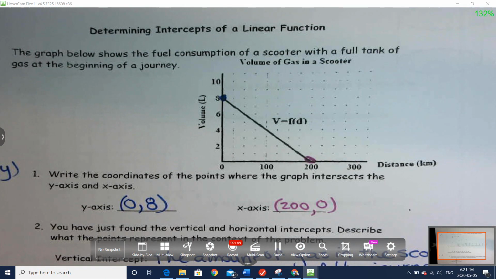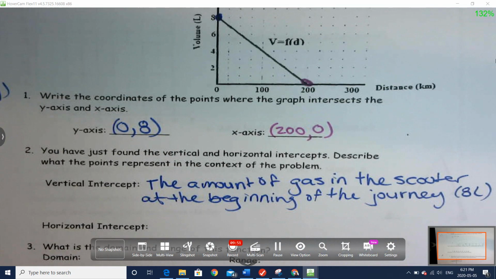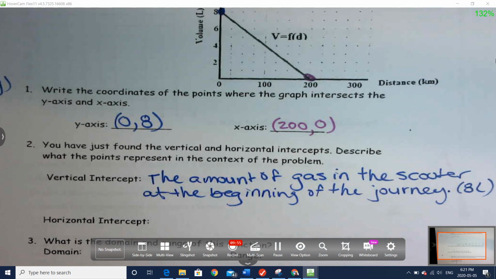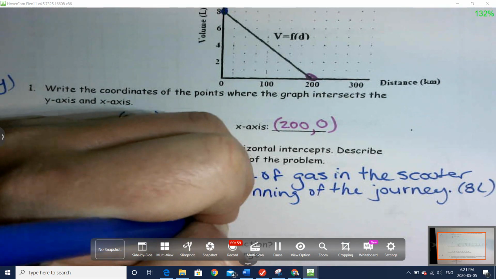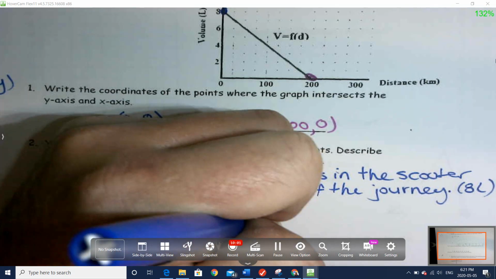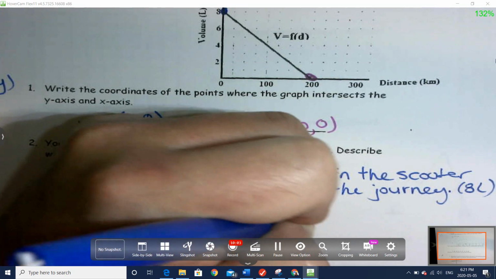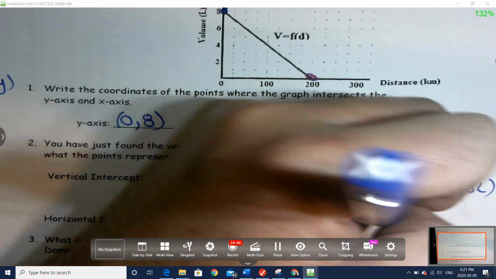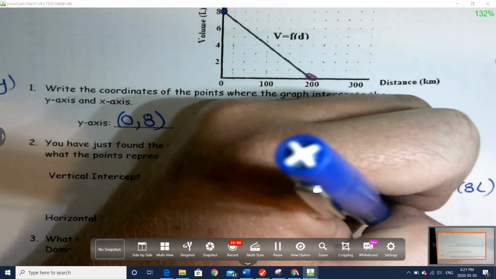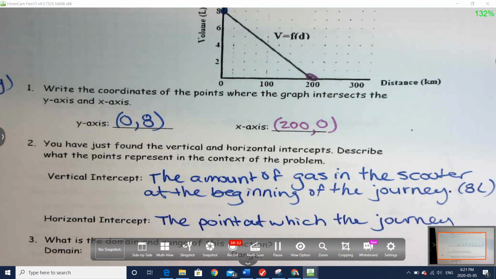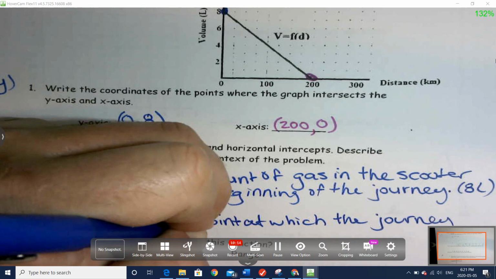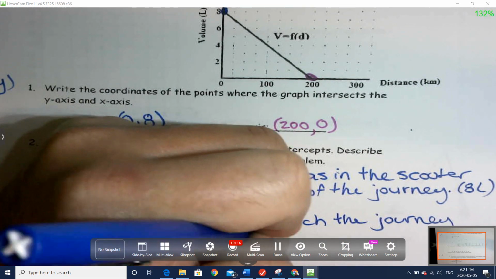In context, I've got to use the units there. For the horizontal intercept, that means it's the point at which the journey is over, because there's no more gas, right?